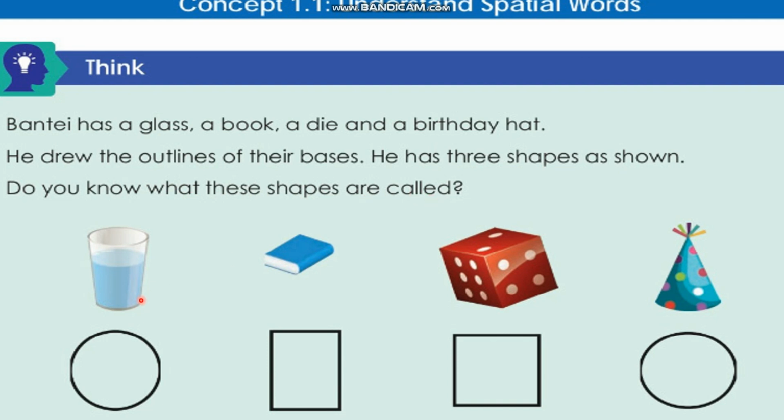So, what he did? He drew the outline of their bases. Base means this part. Okay? And he put this glass on a paper and he drew the outline of the base. And he got a shape like this.